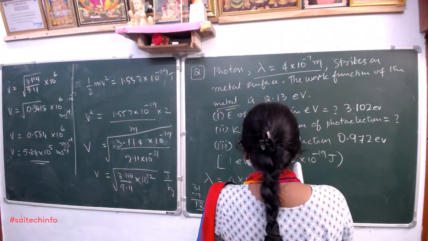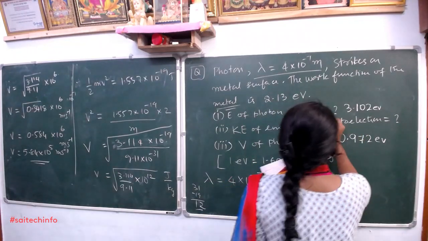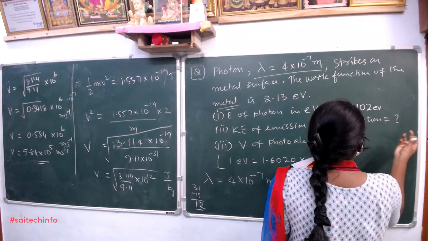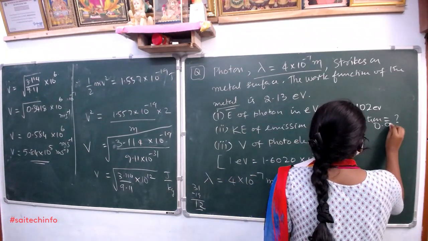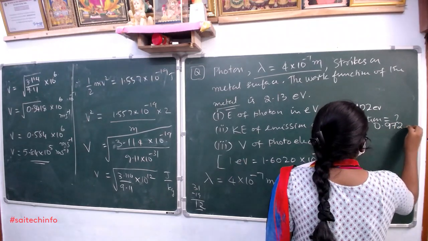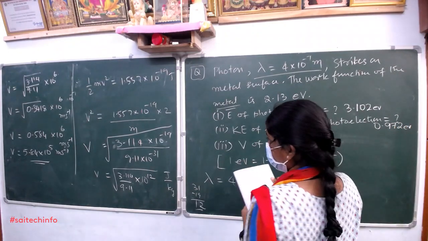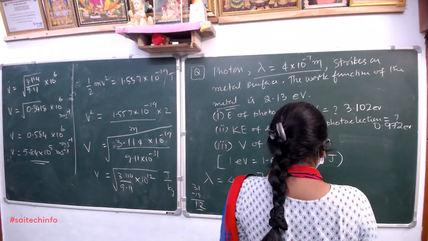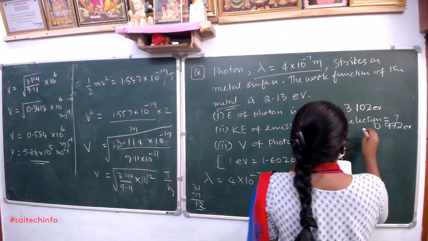And you can get it in terms of joule. Electron volt, also write in joule. Kinetic energy in joule.